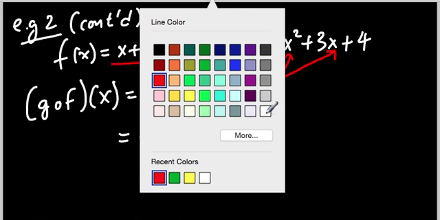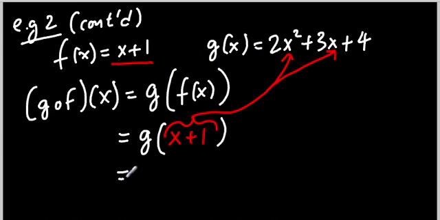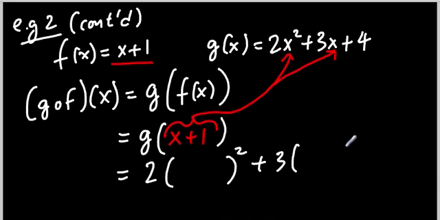So if we had to rewrite it, then this is going to be 2, I'm going to put a blank, as I did before, and I'm going to put square because that variable is squared, plus 3, and I'm going to put another blank here because I'm going to replace that x, and then plus 4. Well, what am I going to put in these blanks? Well, it's simple. It's x plus 1, and it's x plus 1.